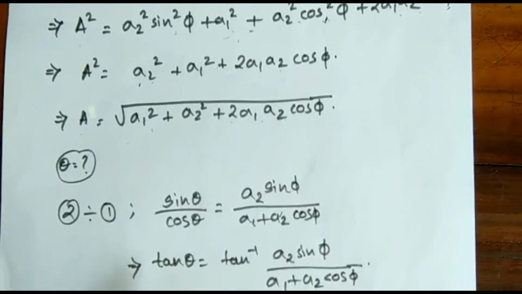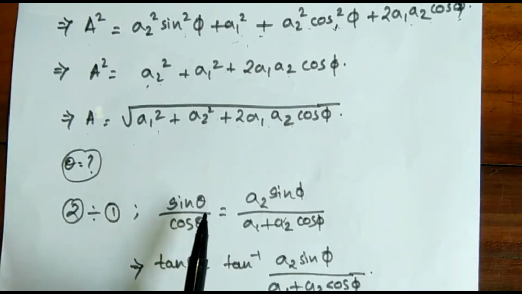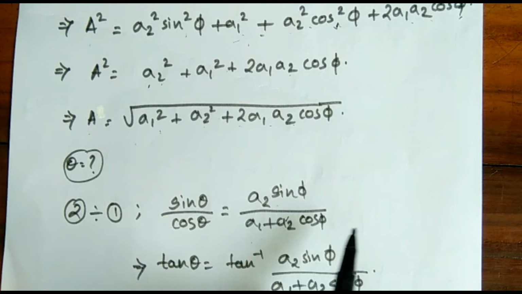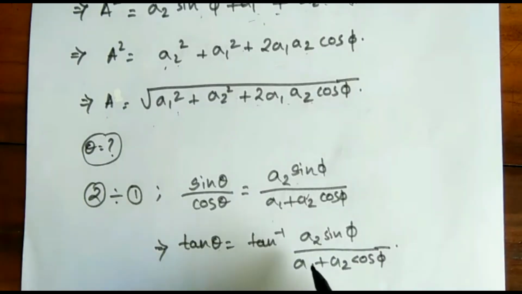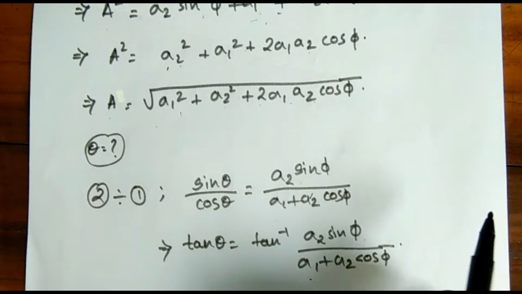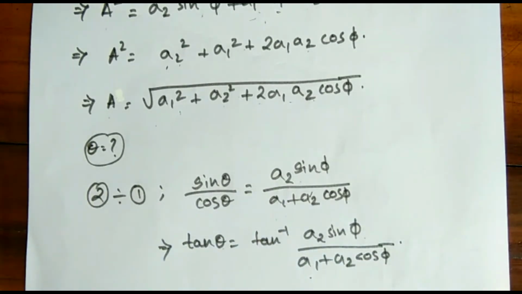Dividing equation 2 by 1, we get sin theta by cos theta is equal to a2 sin phi by a1 plus a2 cos phi. And from here we get theta is equal to tan inverse of a2 sin phi by a1 plus a2 cos phi. Now we can take theta with respect to phi.